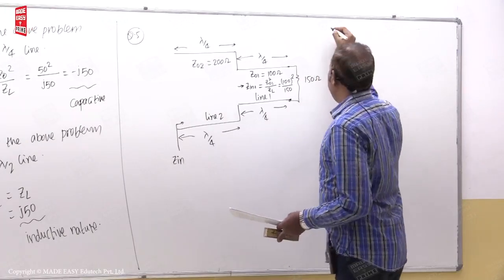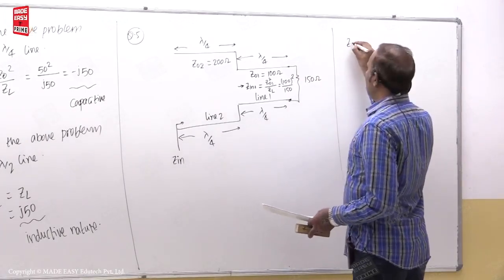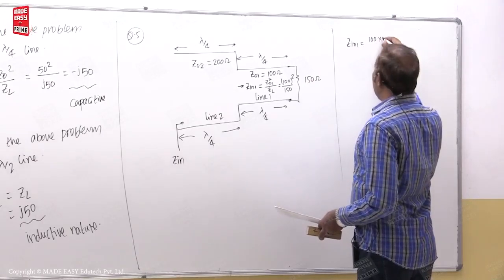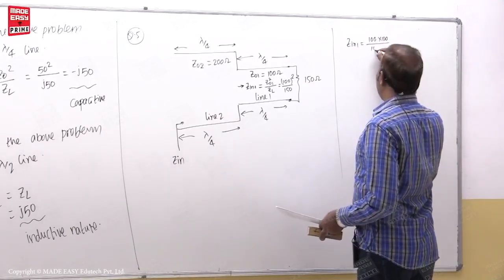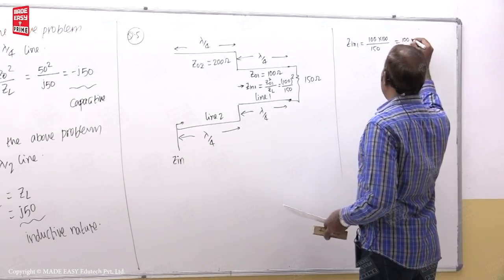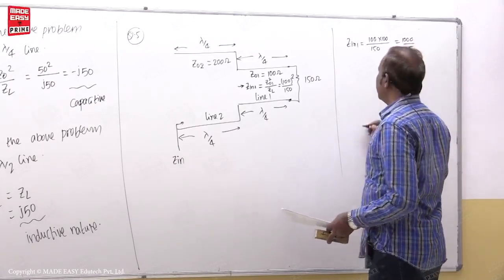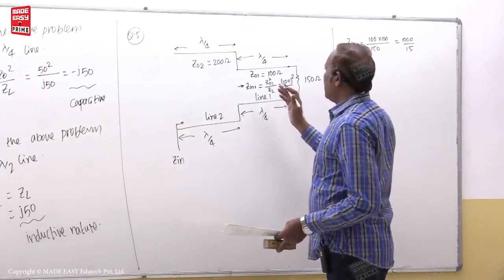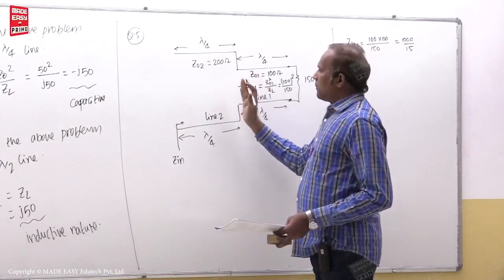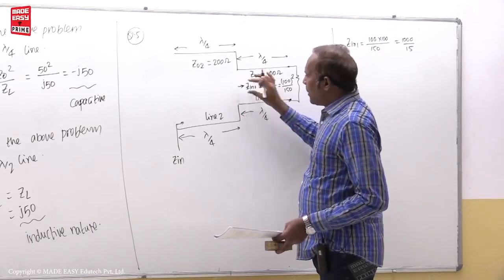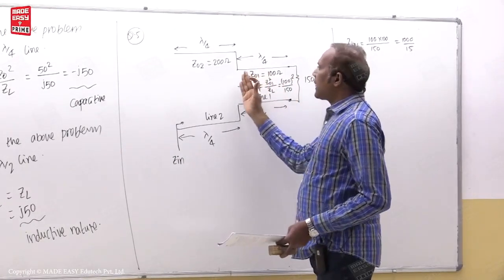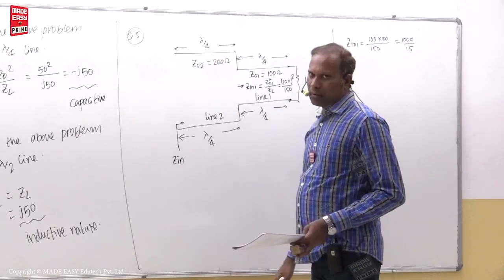So here Zin1 is equal to 100 into 100 divided by 150, that is 1000 divided by 15 you get. So here the input impedance of the line 1 behaves like a load impedance to the line 2.